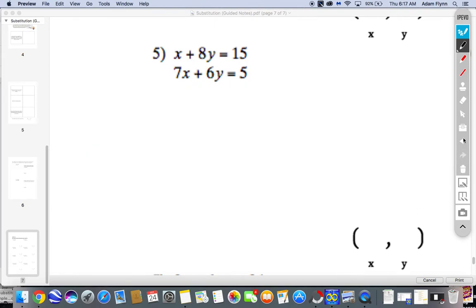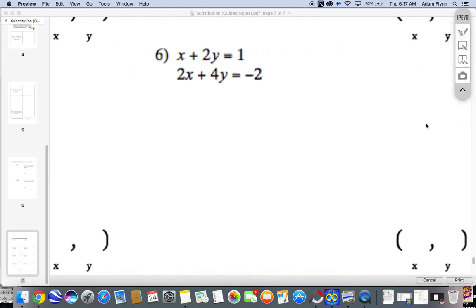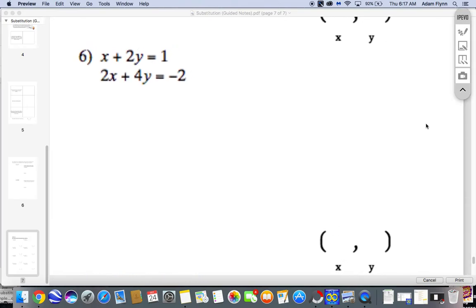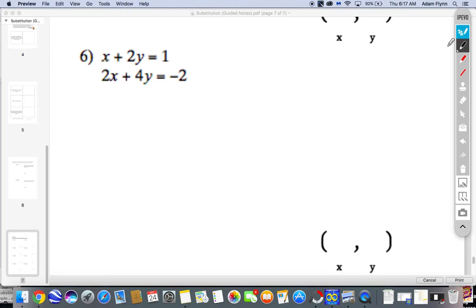Moving along, head over to number 6. For number 6, very similar to number 5, I need to pick a variable in either the top or bottom equation, x or y, and get it by itself, try to isolate it. Taking a look at my coefficients here, this x has a coefficient of positive 1, so that's a good candidate as a variable to get by itself.